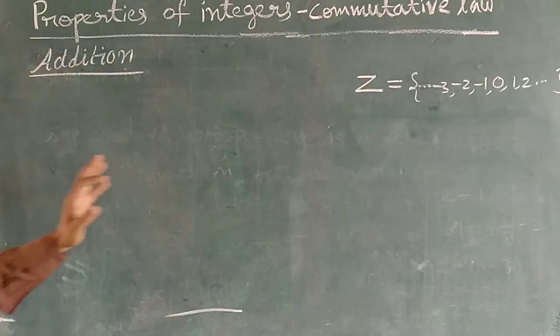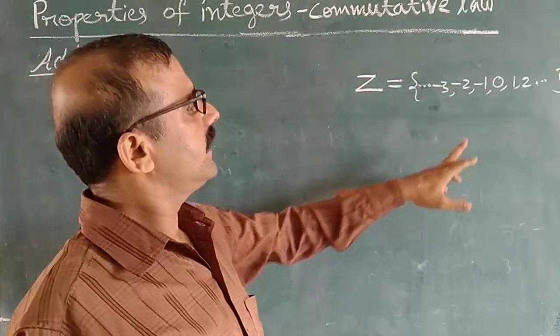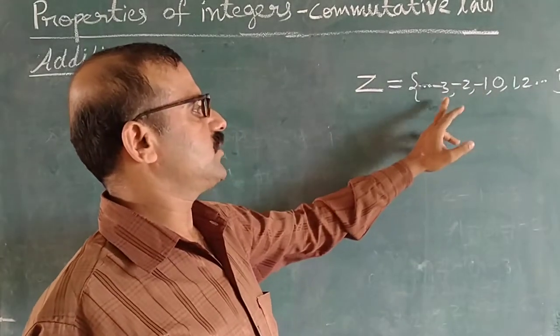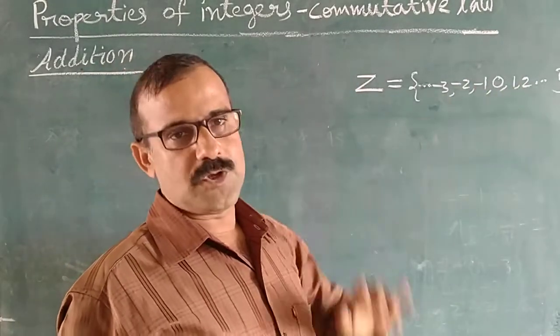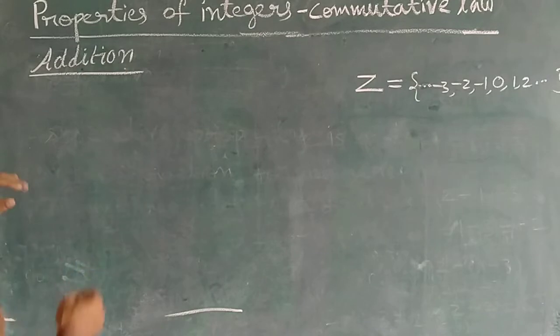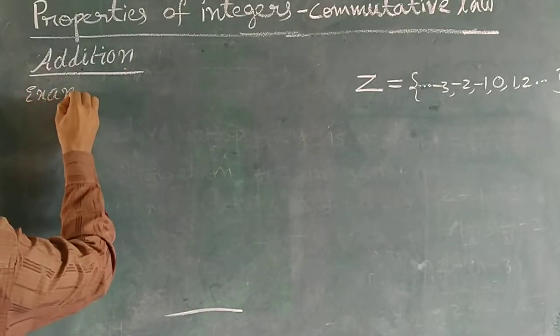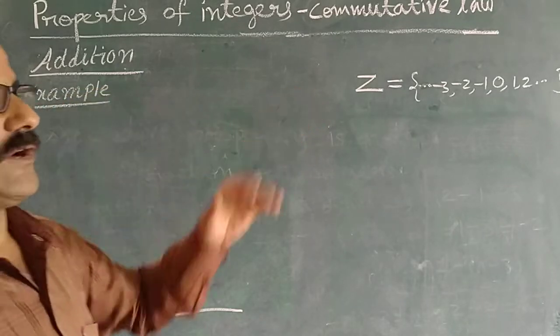The integers, denoted by the letter Z or I, are 0, 1, 2, 3, 4 and so on, and minus 1, minus 2, minus 3 and so on, the negative numbers on the left side and the positive numbers on the right side. Now with respect to addition, take any two numbers from the set of integers.